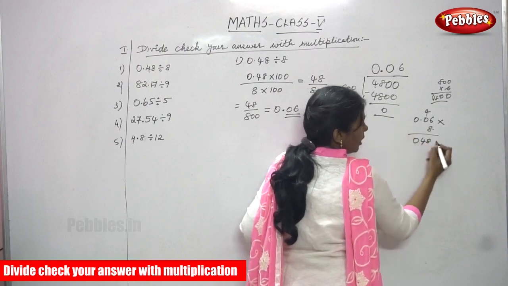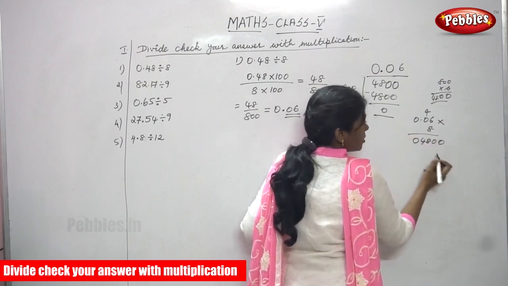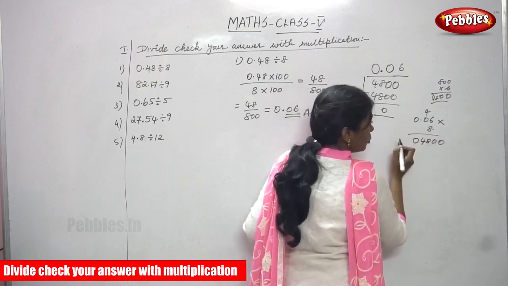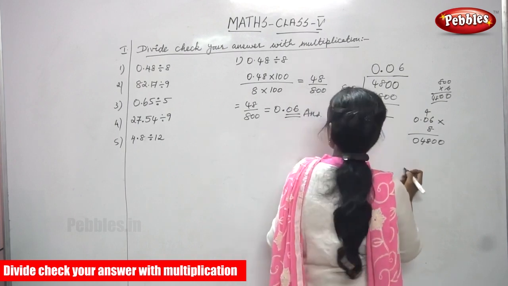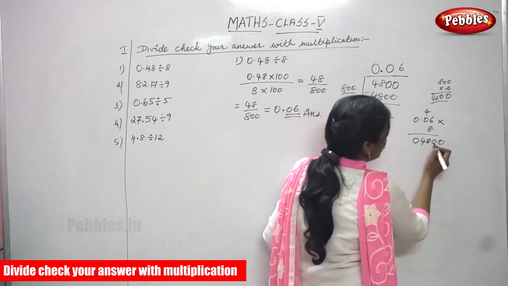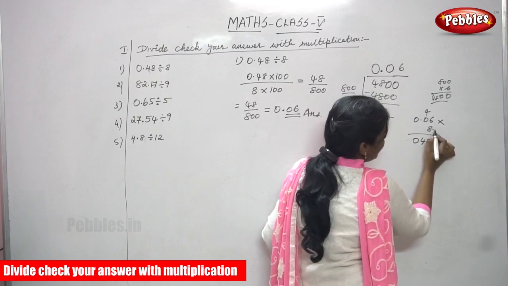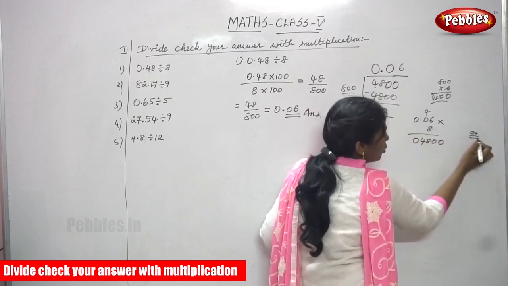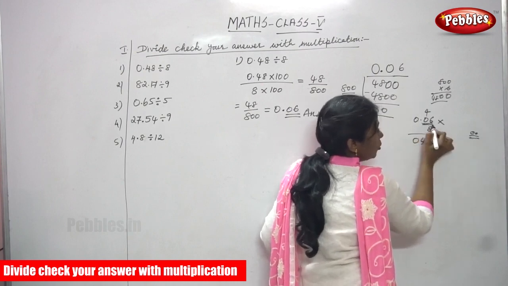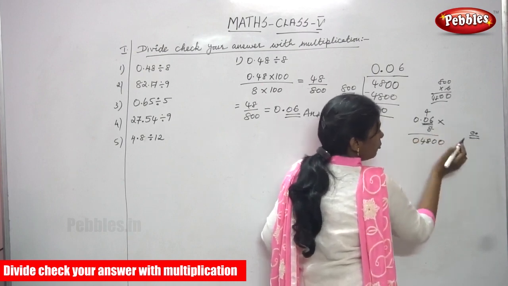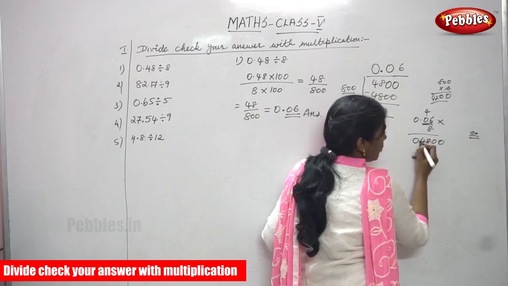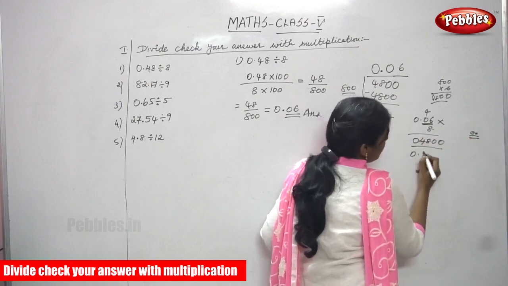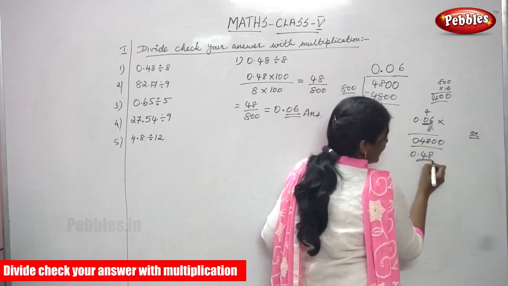I told you already, you have to add 2 zeros here. 800 means 2 zeros already here, and here also 2 digits. So 2 plus 2, 4 digits: 1, 2, 3, 4. So the point is here. So 0.48. This is the right answer.